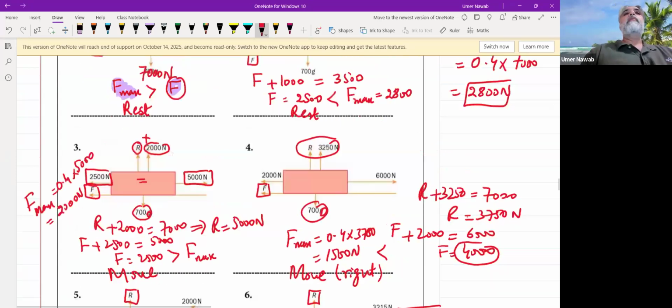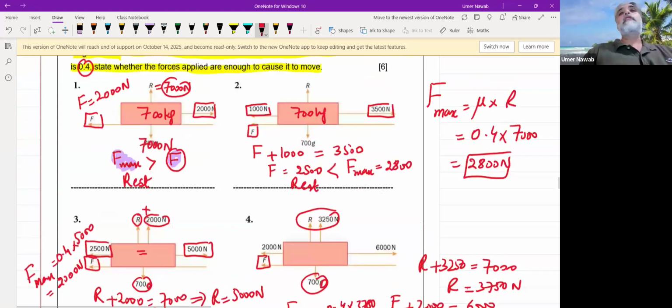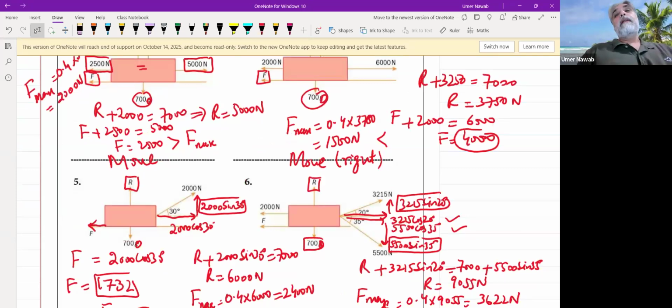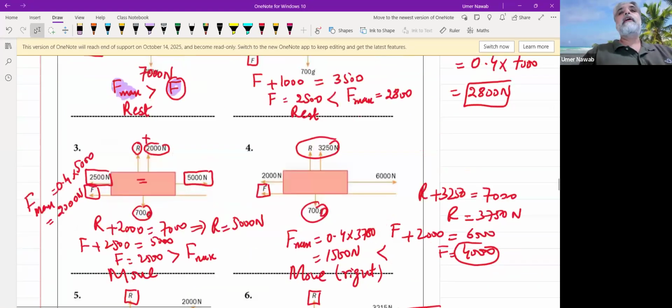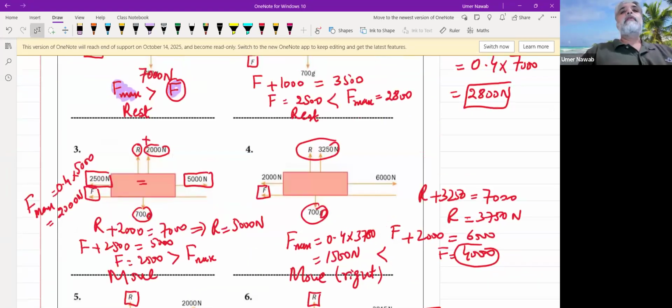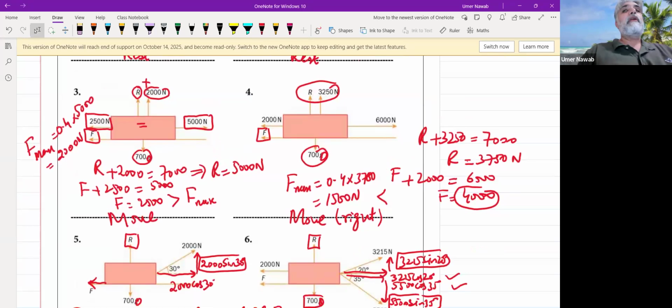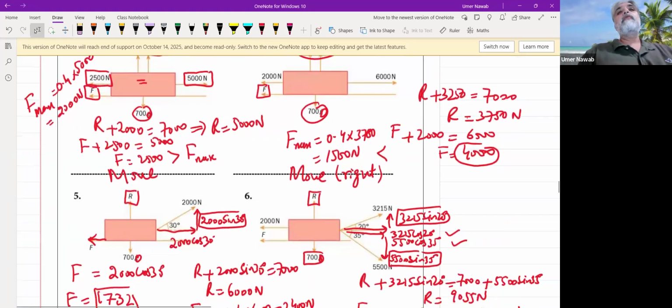So this is a very good application of F max. If your friction value gets bigger, that is, if I see that F is bigger than F max, definitely the particle will start to move. But if F is less than F max, then the particle will stay in the position of rest.